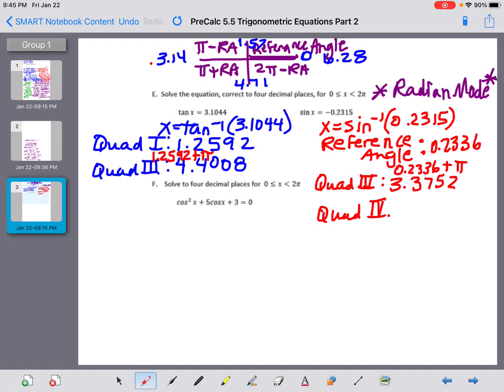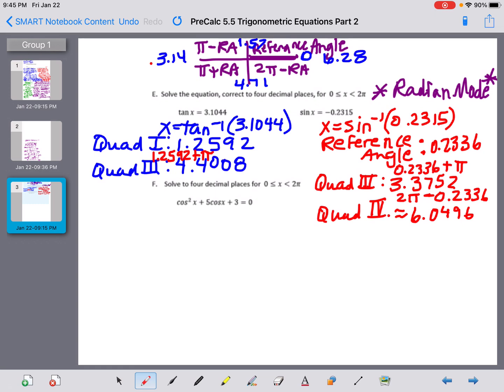To get my fourth quadrant value, I need to take 2 pi and subtract that 0.2336. Okay? So 2 pi minus 0.2336, and I get 6.0496 if I round to 4 decimal places.